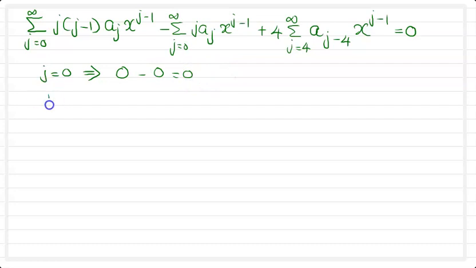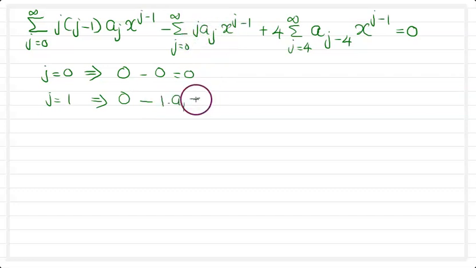Now when j is equal to 1, the coefficient of x raised to j minus 1 in the first series will be 1 into 1 minus 1 into a1, that is 0, minus j equal to 1 corresponds to the coefficient 1 into a1 equal to 0 gives a1 equal to 0.